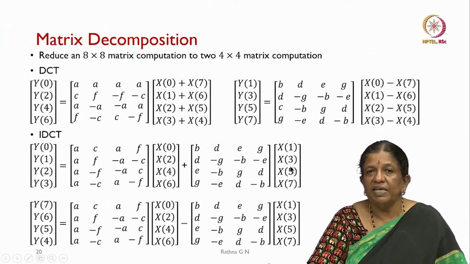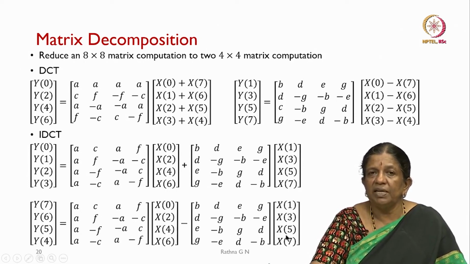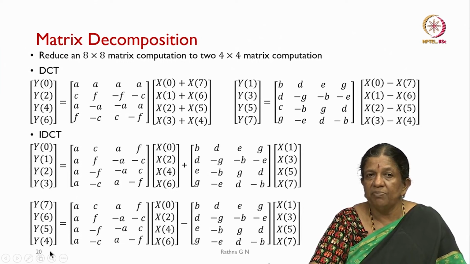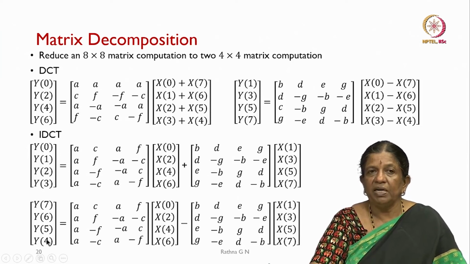Here it will be x1, x3, x5 and then x7 that we will be using, and when you multiply with these BDEG coefficients and add them up, you will get y0 to y3. Then you do the same thing, but you subtract the BDEG coefficients which are getting multiplied with the odd numbers. So, you will be getting the higher outputs, that is y4 to y7. You will see that it has come in reverse order. So, y7 will be first and then y4 will come later on.